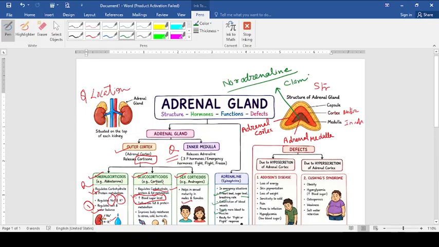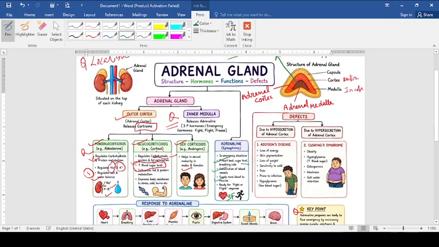Now, if this gland is not working properly in the body, if hyper or hyposecretion is taking place. If there is hyposecretion of this hormone, which means less secretion than the required or optimum condition, then a problem arises which is called Addison's disease. This disease is asked by name in the examination, so this is one of the important questions for boards.